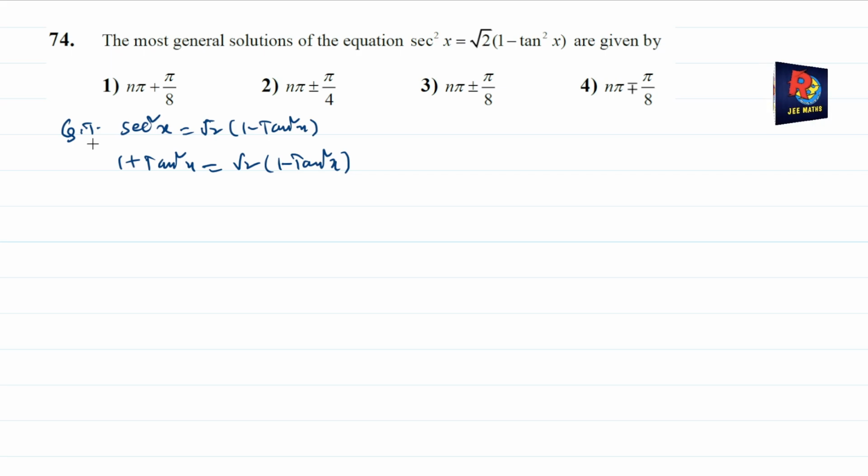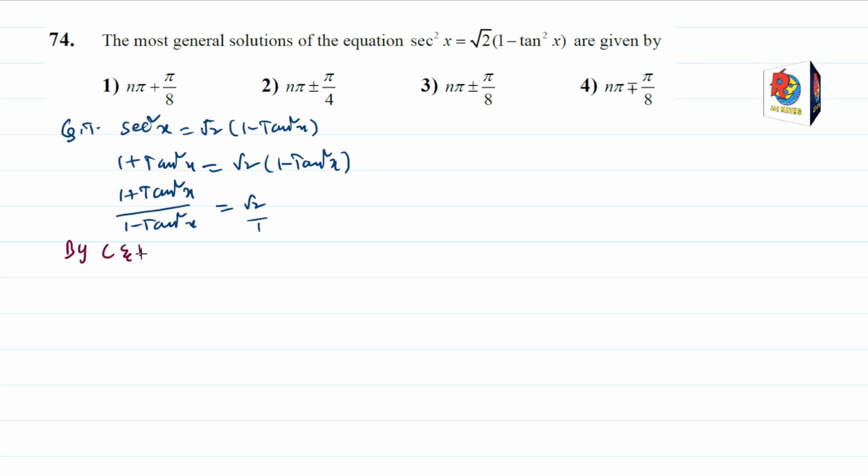Now here we can observe that I can divide, so 1 plus tan square x by 1 minus tan square x is equal to root 2. Now I need to apply the componendo dividendo rule.